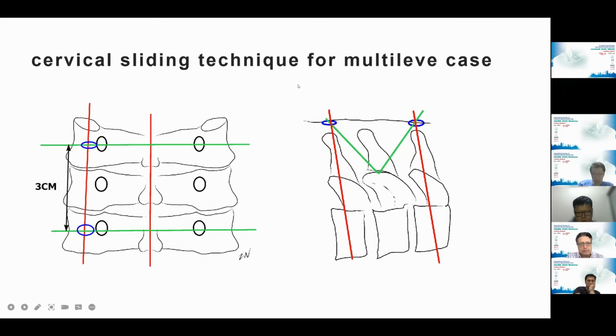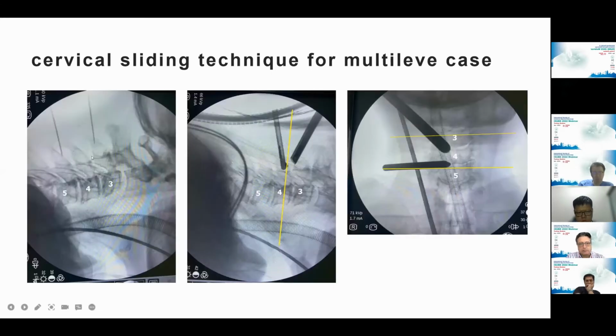Cervical sliding technique is used for the multi-level cases. I think for the two-level case, only the two portals are enough. But you must design the exit position of the two portals.